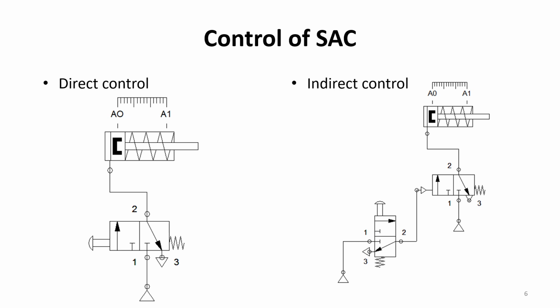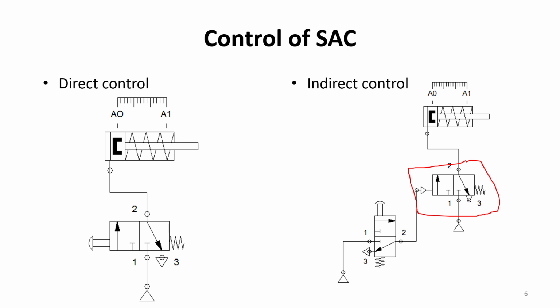So the type of DCV required for controlling the cylinder in indirect control will be a 3/2 pilot actuated spring return DCV for a pneumatic actuation, whereas for electro-pneumatic actuation, we will require a 3/2 solenoid actuated spring return DCV.